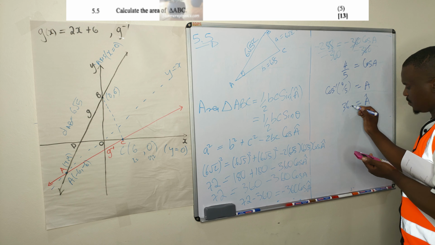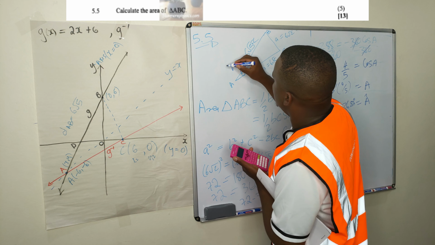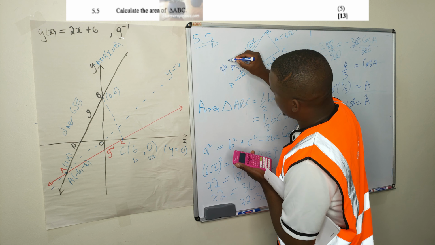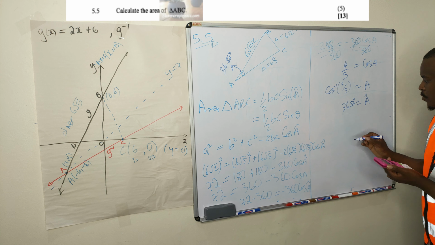This is 36.87 degrees. So this angle here is 36.87 degrees. Therefore, we go to our area now.